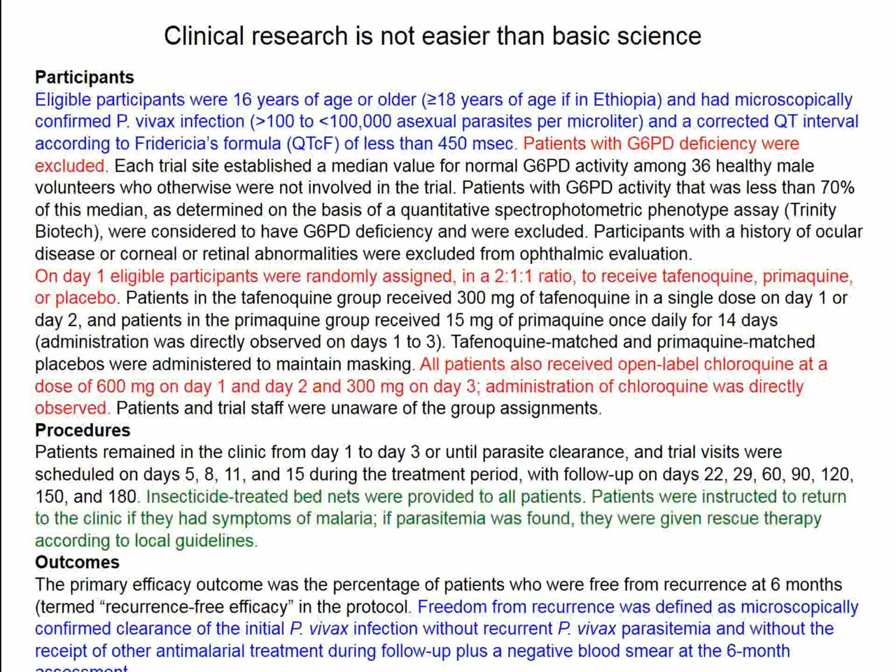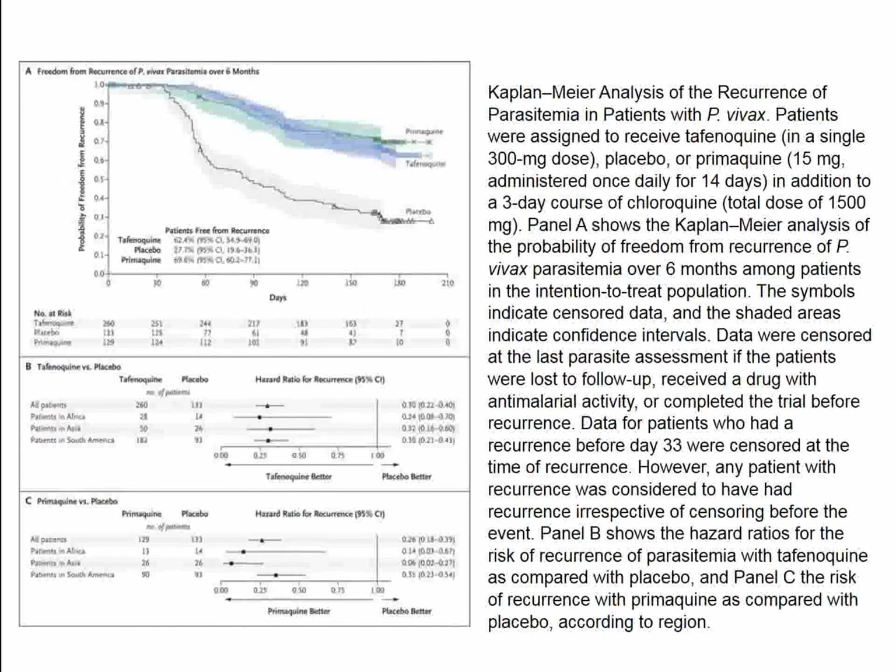And the primary outcome was freedom from recurrence, and that was defined microscopically, because PCR won't help you here. That will always be positive, probably, in people that have had Vivax malaria over a short period of time. So the positive endpoint here had to rely on P. Vivax parasitemia shown in a positive smear. And if we look at the data, we can see that the patients on placebo relapsed.